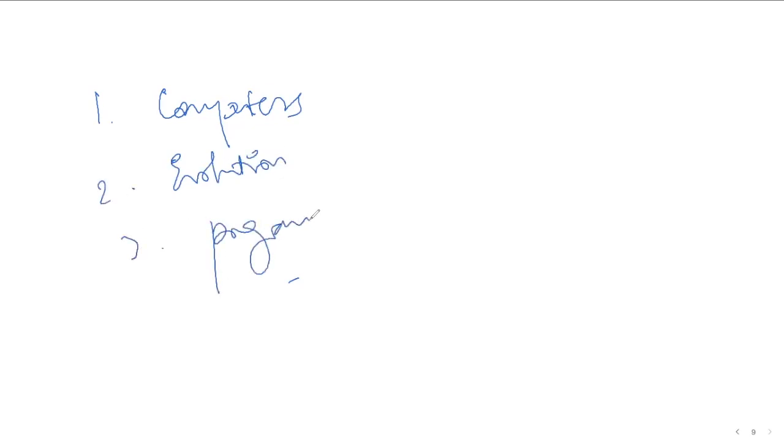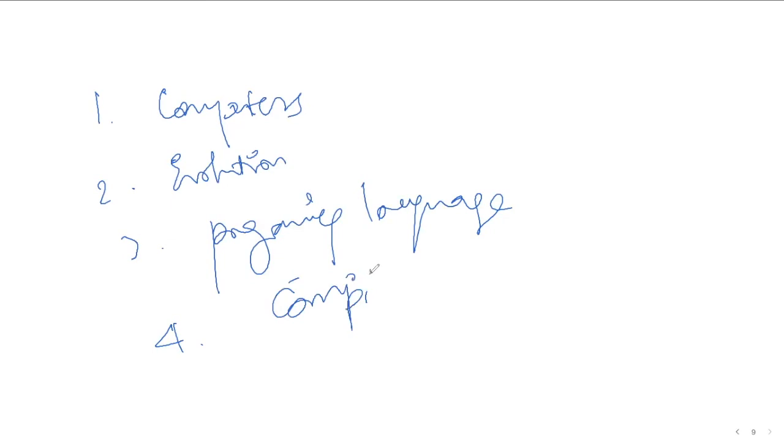Next, so far what we have seen, I'll give a short brief. First we learned about computers and the evolution of computers, and we learned about what is programming language, a medium to connect with the computers. Then we learned about what is a compiler.